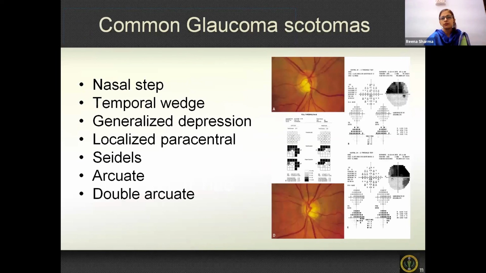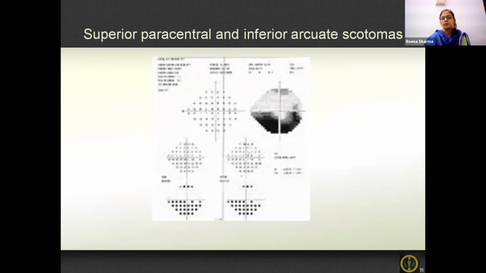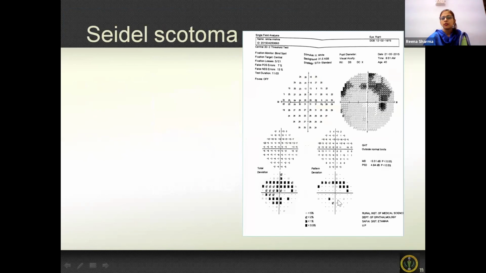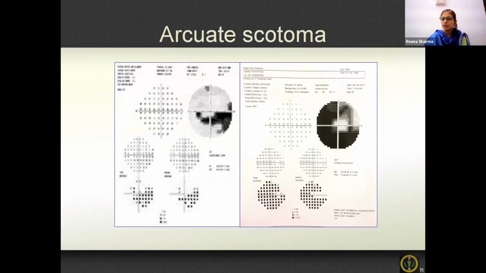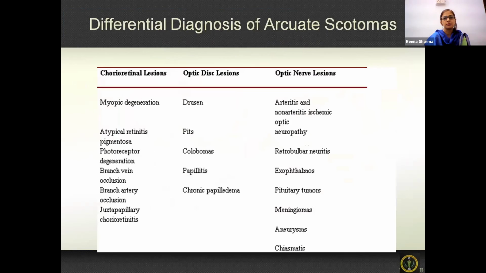Now, these are the various commonly seen glaucomatous scotomas. A few examples: this field showing us a superior paracentral scotoma and an inferior arcuate scotoma, a nasal step scotoma in the superior field, arcuate scotomas in the inferior field, and double arcuate scotomas.